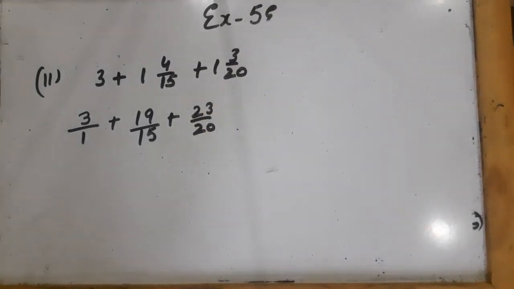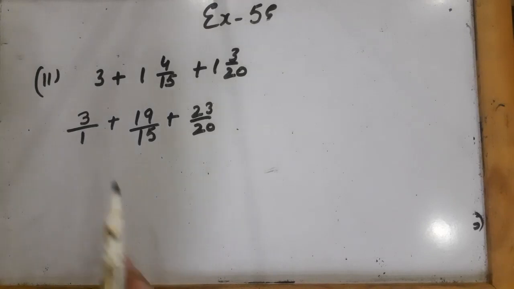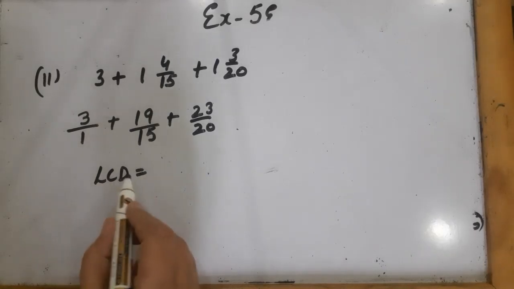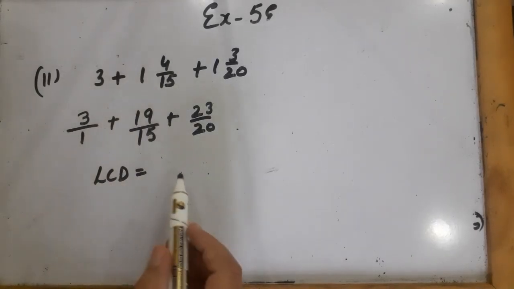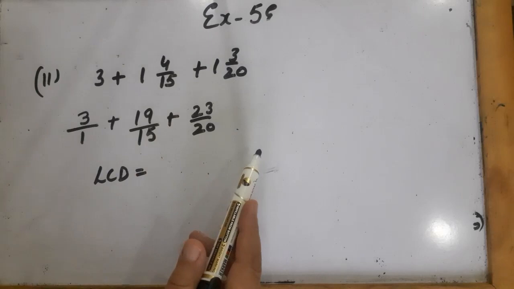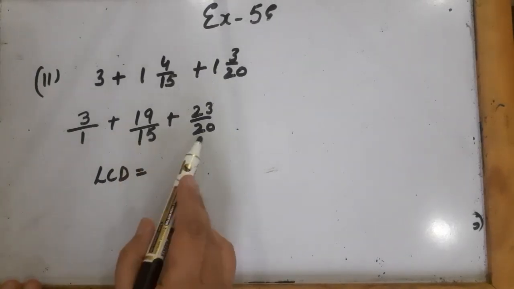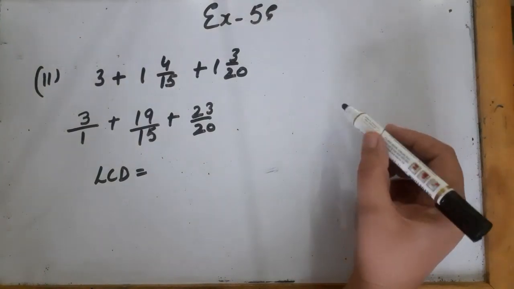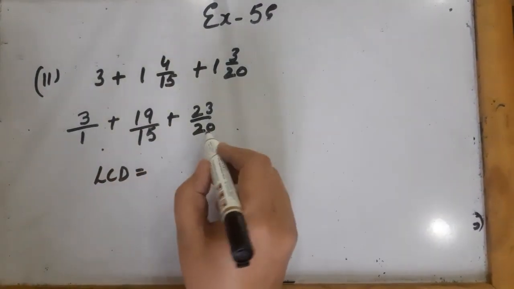Now what I have to do, these unlike fractions I'll convert them into like fractions by taking out the least common denominator, and for that either you can take out the LCM of the denominators or I can do the calculation in the mind. So which is the bigger number out of these? 20.